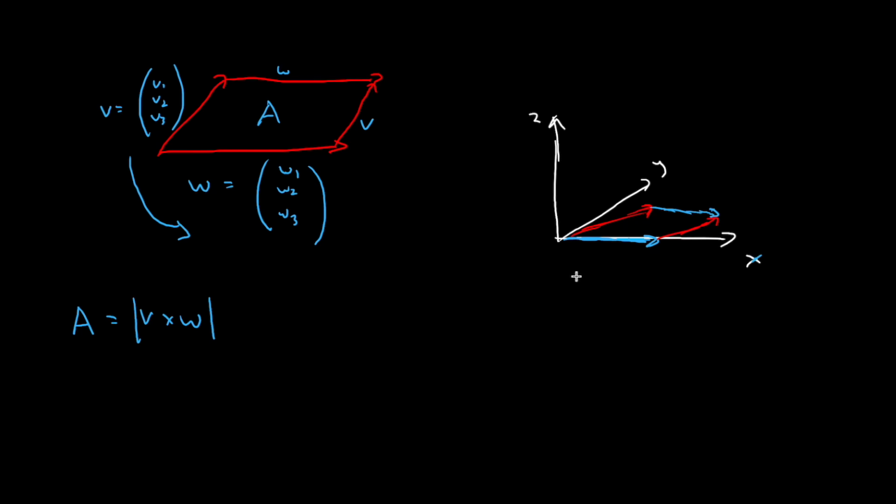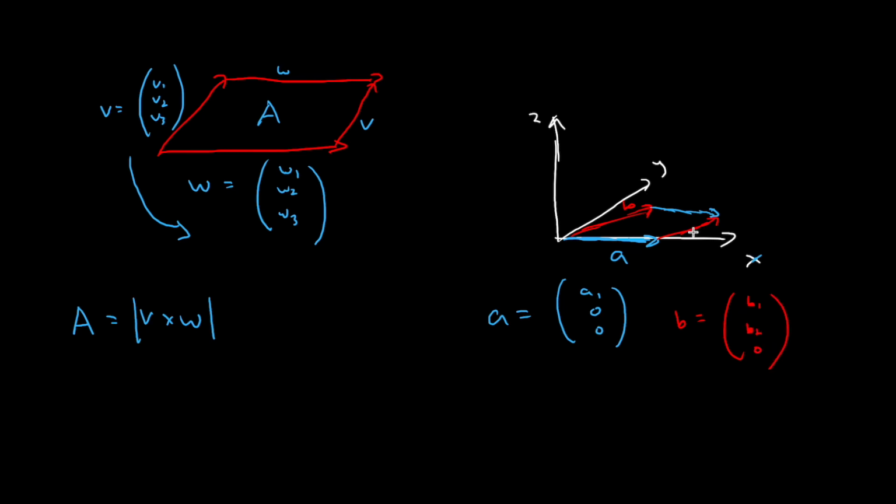Alright, so I call this blue one vector A, and this red one vector B. Vector A is made up of A1, 0, and 0, because it's only on the x-axis. And vector B is made up of B1, B2, and 0, because there is no z value.